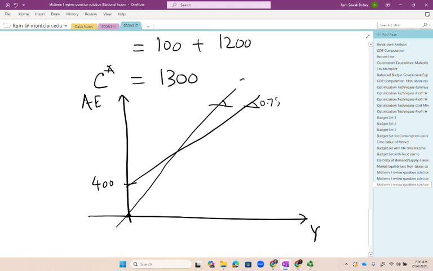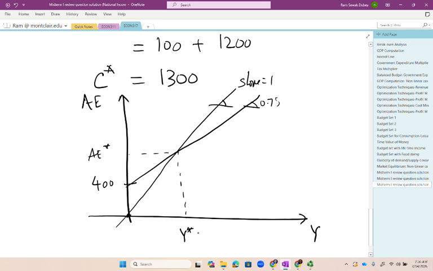So slope is 1, and the point at which the helping line crosses the aggregate expenditure line is the equilibrium national income.